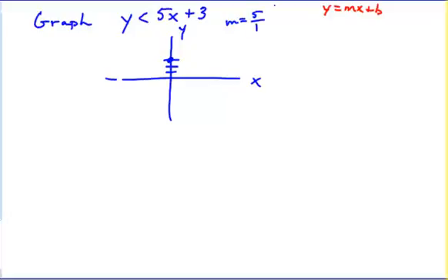Okay, that means I'm going to go, from this point, 1, 2, 3, 4, 5, to the right 1, something like that. So nothing has changed so far. If I could graph a line before, I can still graph a line today. Get y by itself and use the y-intercept and that slope to graph it.